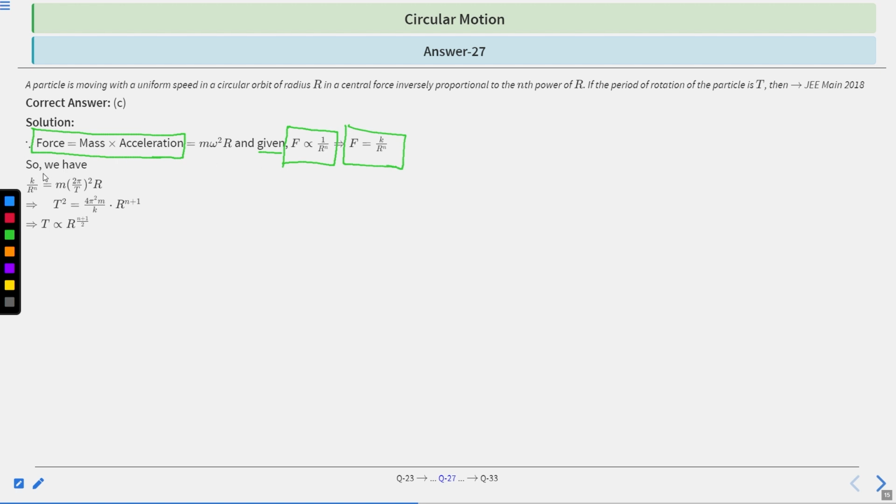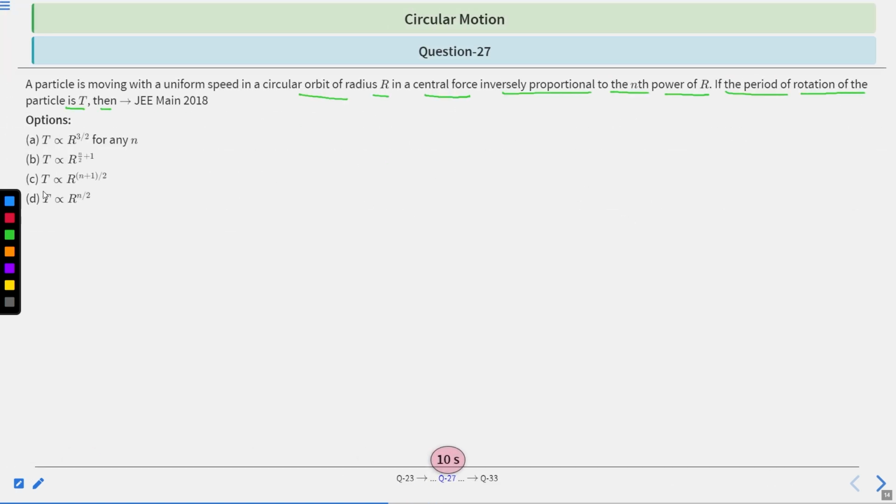Solving this, we get T is directly proportional to r raised to the power (n plus 1) divided by 2. So the correct answer is C. This is the only technique to solve this question. C is the correct option.